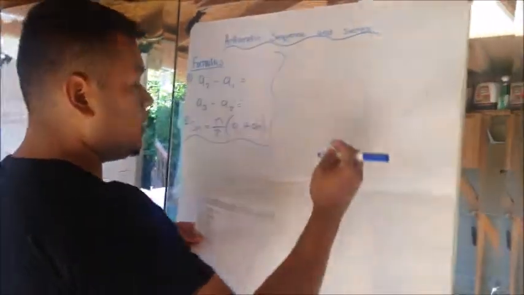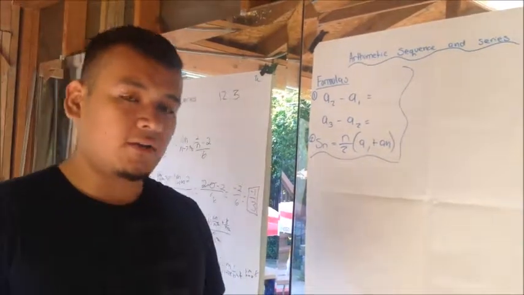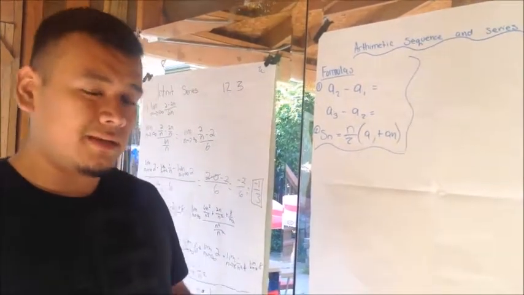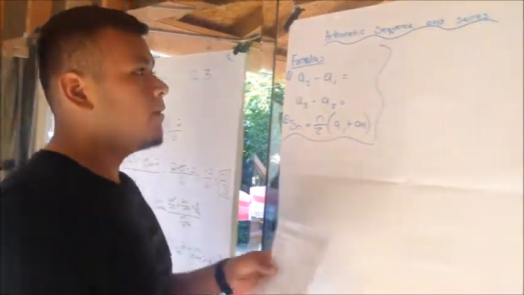First example: find the sum of the first 32 terms of the arithmetic series -12, -6, 0, and so on, all the way to 174.